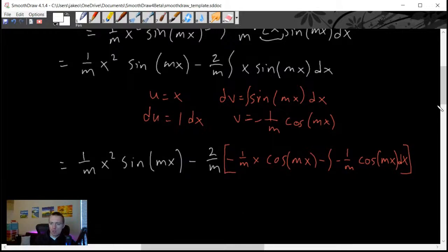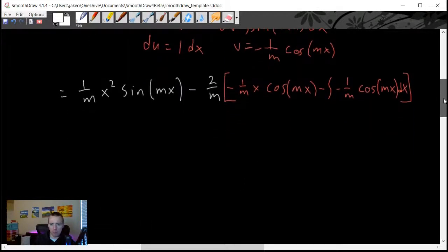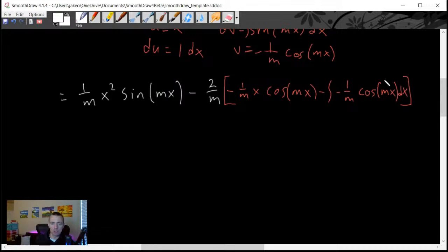Okay. So now we can simplify this a bit further before we worry about this integral here. We're not done yet. We do still have an integral here, so we have to integrate still. But let's go ahead and simplify this a bit. So this term is not going to change, but we will want to distribute this negative 2 over m into the parentheses here, because inside here we have these two terms.